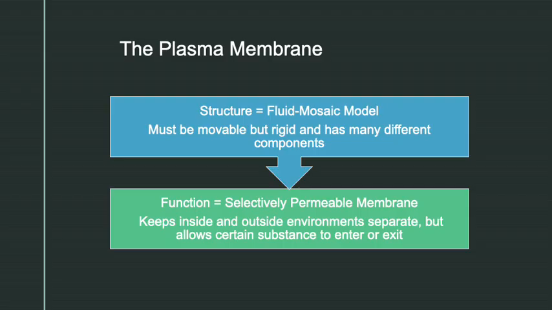Okay, let's jump right into that plasma membrane. So again, the plasma membrane's job is to keep certain things inside of the cell and other things outside of the cell. To describe it structurally, we use something called the fluid mosaic model. Fluid meaning it must be movable. It is slightly rigid, and mosaic, meaning it has lots of different components, like a mosaic piece of artwork.